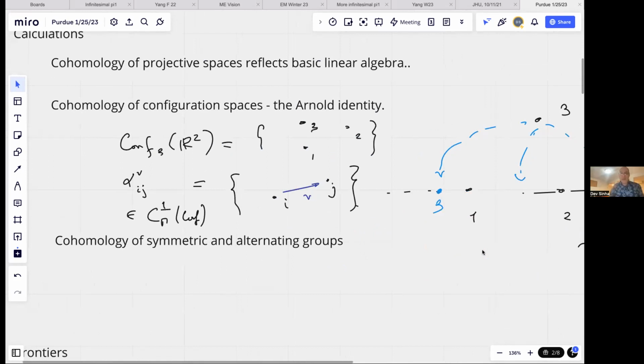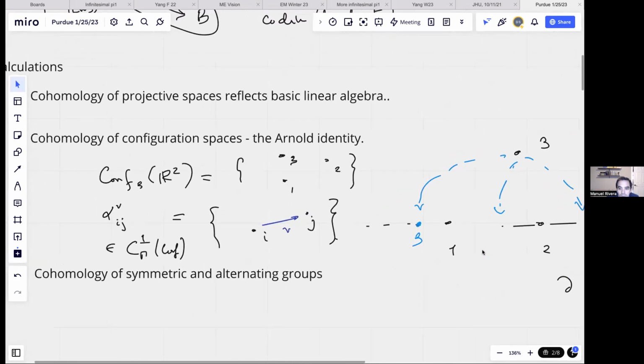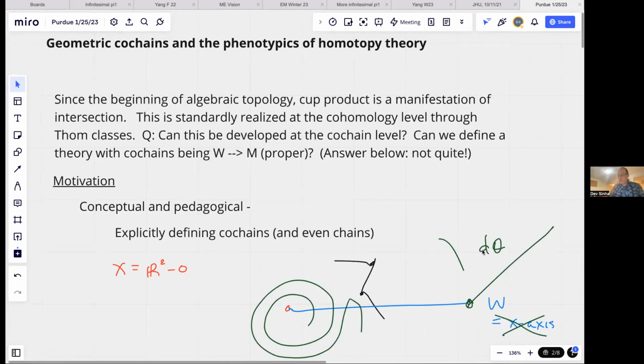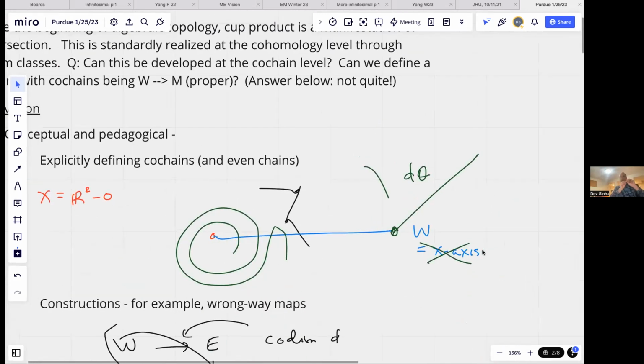All right. Yes. I have sort of a philosophical question. Sure. Why say cochains and cohomology at all, and not just work with chains and intersection products? Because, well, even in the R2 case, the cochain is the x-axis.